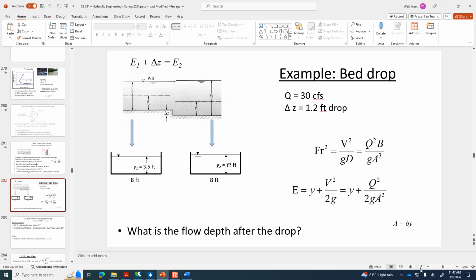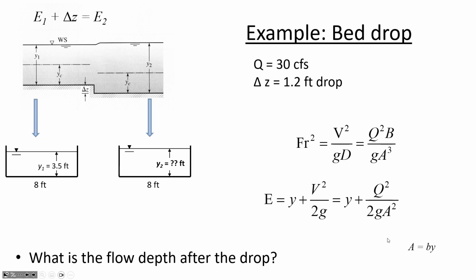Okay, so now, what is going to be the new depth downstream? So the specific energy at 2, so E2, is equal to E1 plus delta Z. Maybe the other way to write that is E1 plus delta Z is equal to E2.